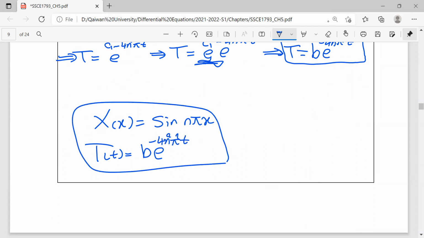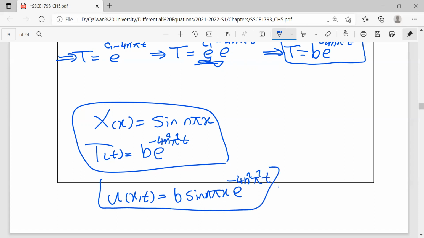These are the solutions for both differential equations. And you see u is the multiplication of them, and u of x,t is b sine n pi x times e to the power -4 n squared pi squared t. And this is the solution of u.